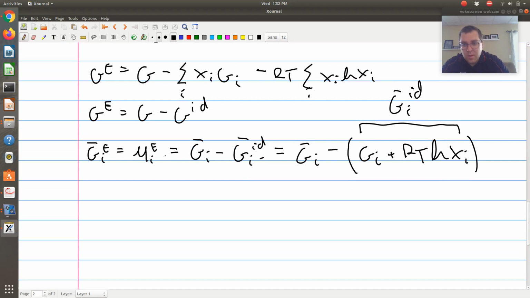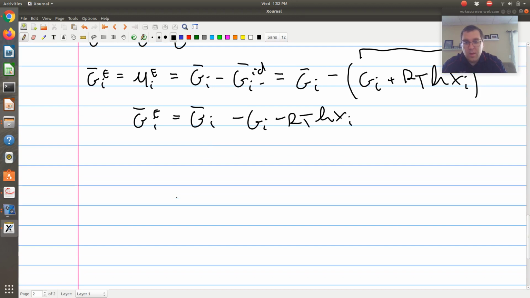So that tells me that G bar iE is equal to G bar i minus Gi minus RT log xi. And again, you could replace this with chemical potential if you so choose.